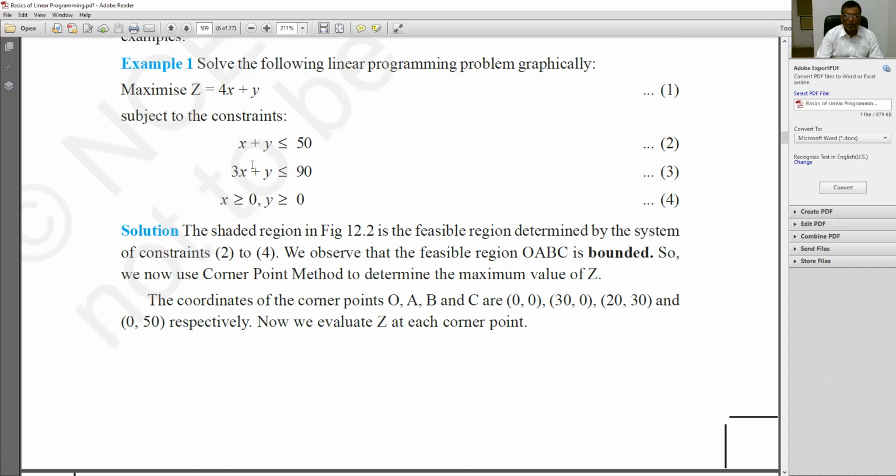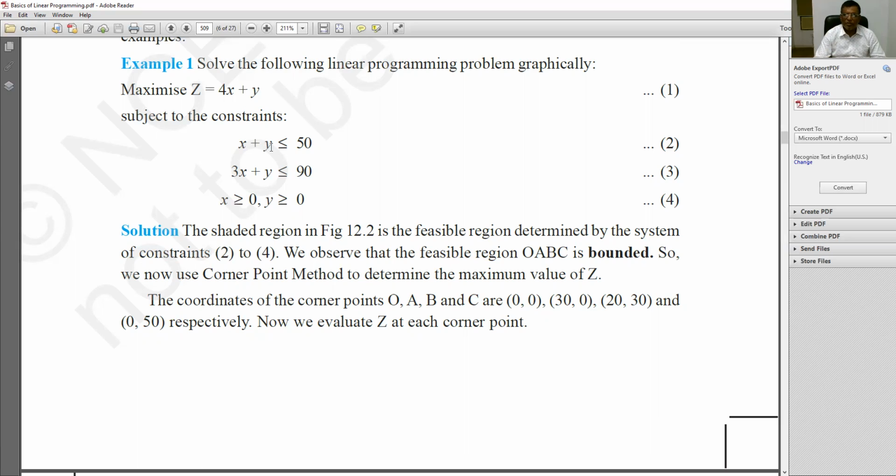Now, to get the solution, you have to draw a graph. You have to sketch the pictorial representation of what this graph is saying. So for that, let us write the corresponding equation of inequation 2.